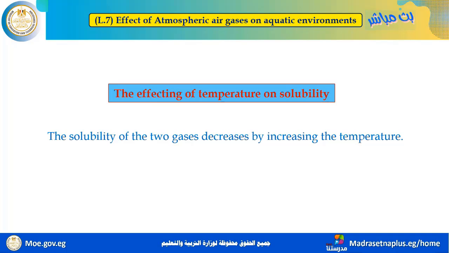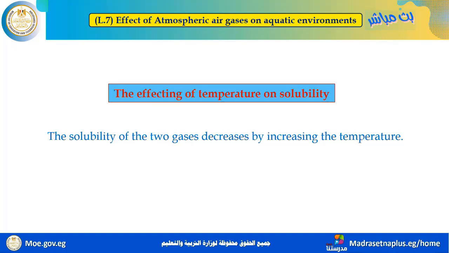So the first factor that affects the solubility is temperature, and the relation between the solubility and the temperature is an inverse relation. The solubility of the two gases decreases with increased temperature.